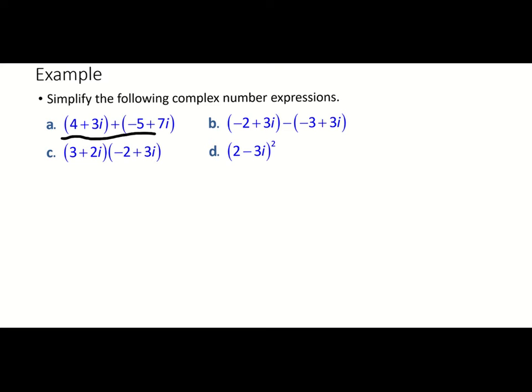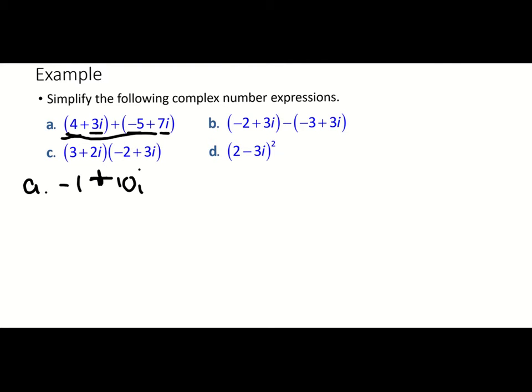So I am going to add 4 and -5, which will give me -1. And then I'll add the imaginary numbers, so 3i plus 7i, which would give me plus 10i. And that's all we can do for that one. We can't do any more because that is complex form, we have the real numbers and the imaginary numbers, and you can't add them together.